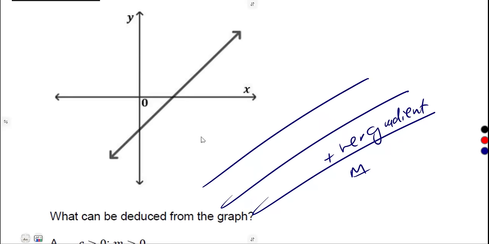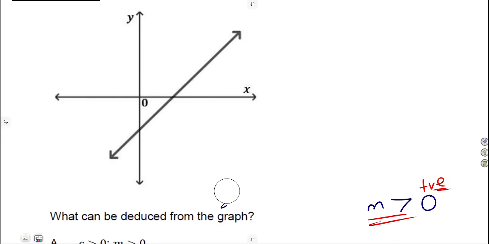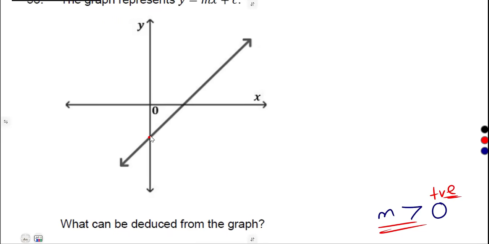Being positive on its own tells us that the value is greater than 0. The gradient is greater than 0. They are also comparing c, which is the y-intercept. According to our graph, this is where our y-intercept is, where it crosses the y-axis.